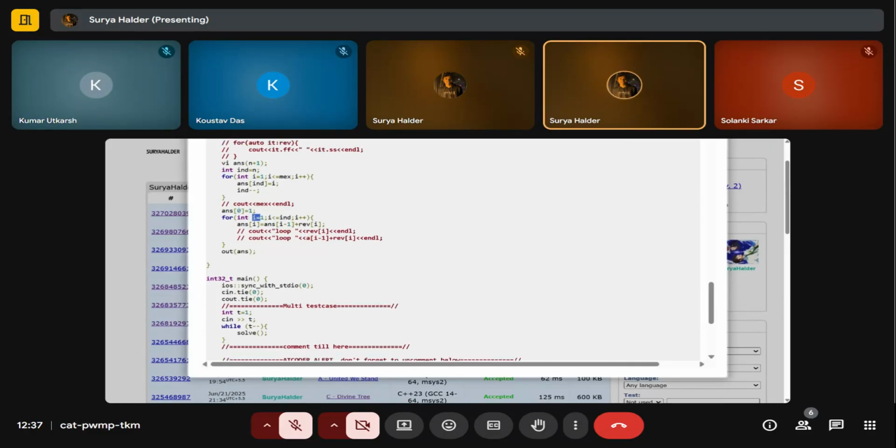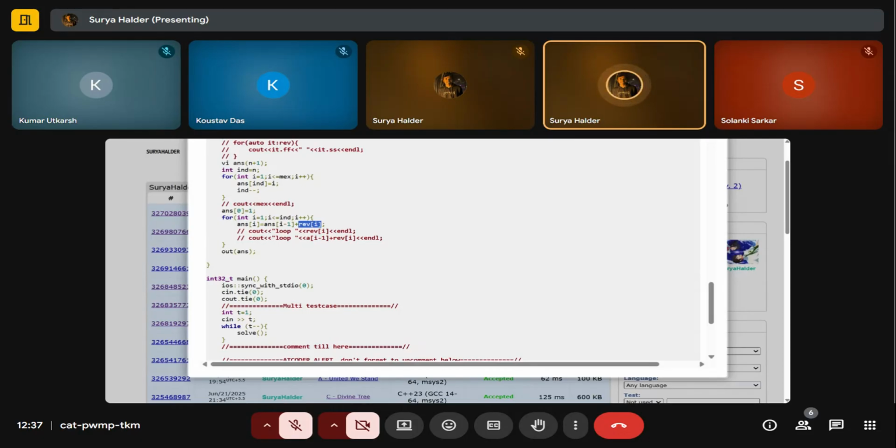After that, from 1 up to index, because I have filled up to index plus 1 in this loop, I will iterate up to index and fill the answer as answer of i equals answer of i minus 1 plus how many elements are present less than or equal to max whose occurrence is i.